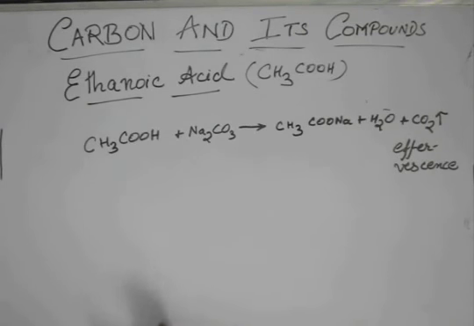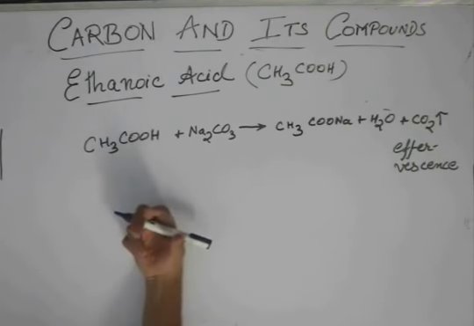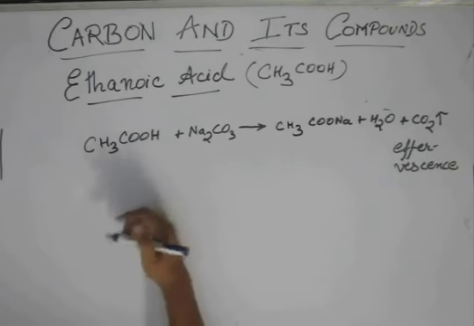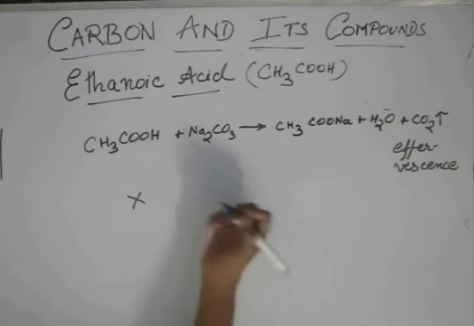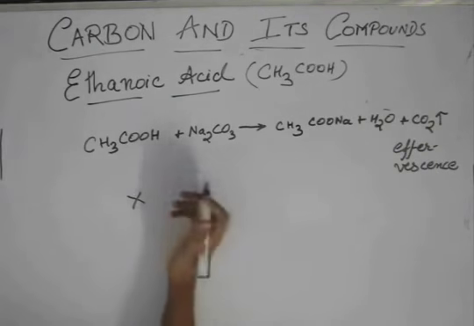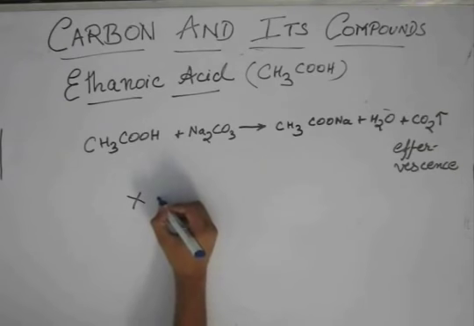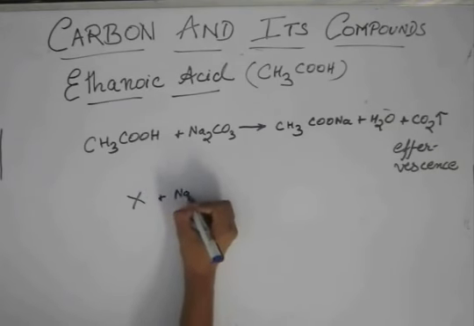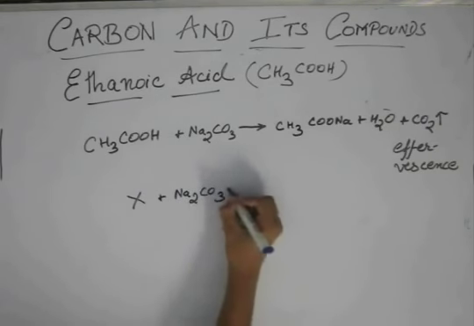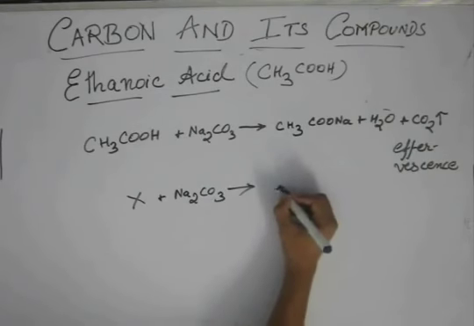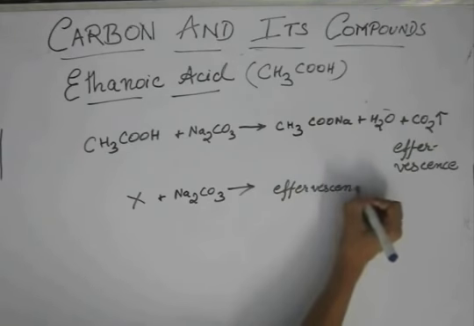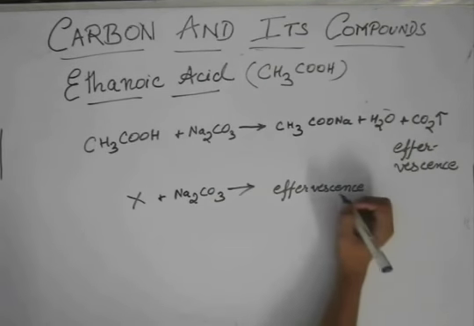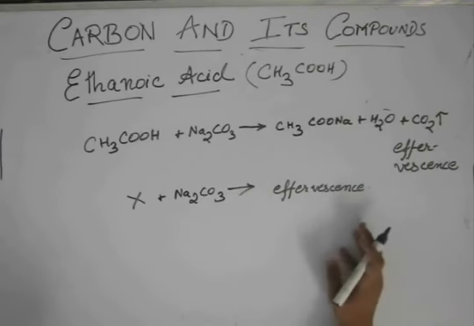So when you have to test a chemical, suppose you get an organic compound X, and it's given that X on reaction with Na2CO3 gives effervescence, and CO2 is colorless and odorless, so it can also say that it gives out a colorless and odorless gas.